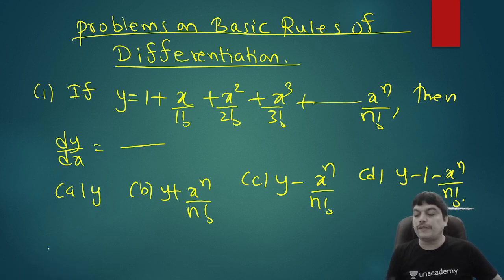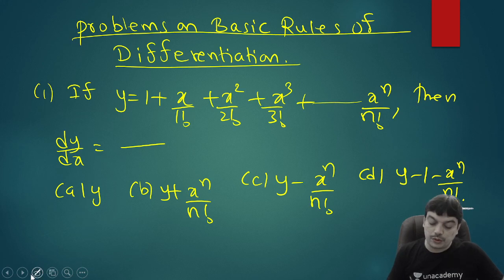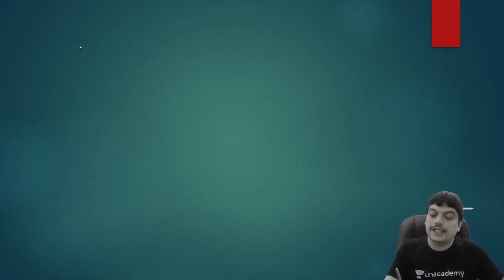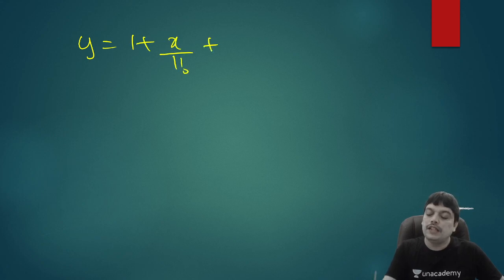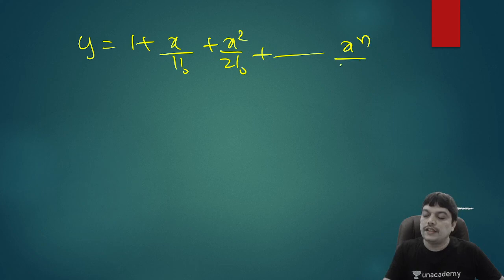Whenever you have to differentiate a sum of many functions, you can differentiate each individual function and add them. Let us write down the value of y as 1 plus x by factorial 1 plus x square by factorial 2 plus up to x power n by factorial n. Before you see the solution, you can pause for a while, do it and then see the solution.